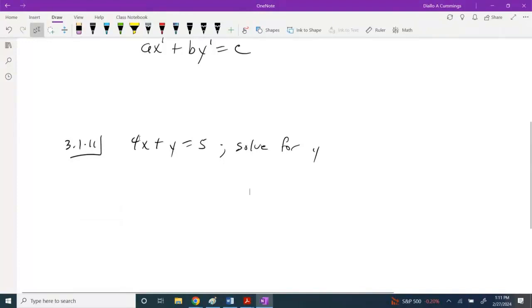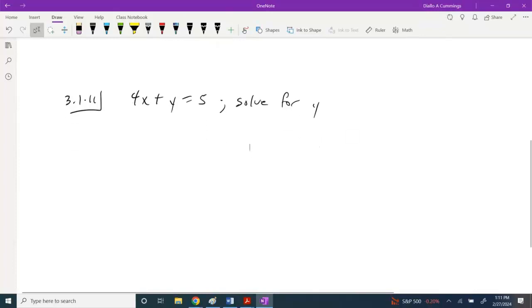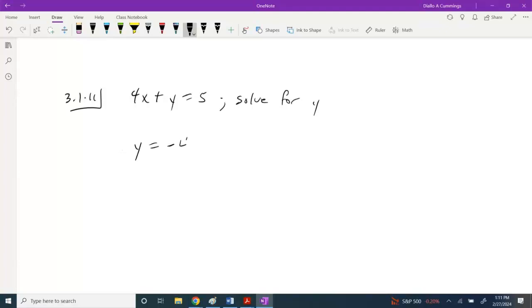That's called transposing. So if I transpose the 4x to the other side, its sign changes from positive to negative. So I have y is equal to negative 4x plus 5, and we've basically solved it for y.